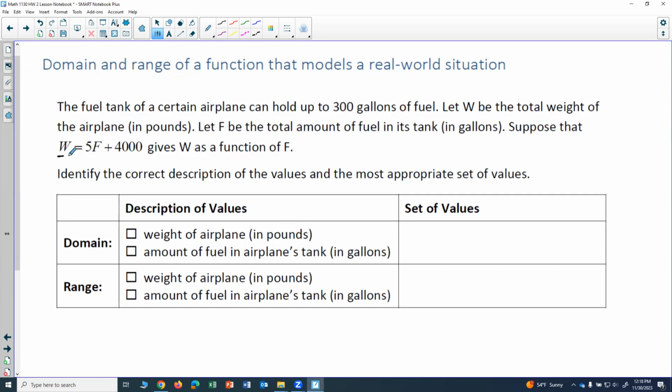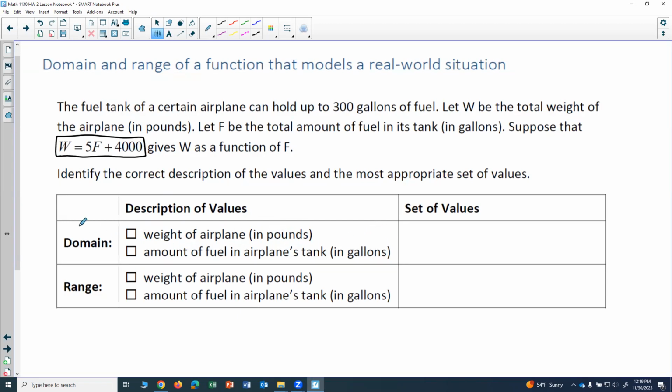So this is our relationship. W equals 5F plus 4,000. And we're asked to identify the domain and the range. So first of all, for the domain, we can either choose weight of the airplane in pounds or the amount of fuel in the airplane's tank in gallons.